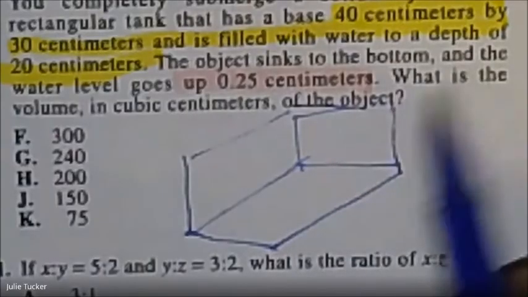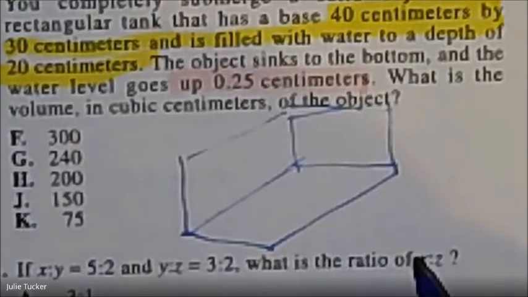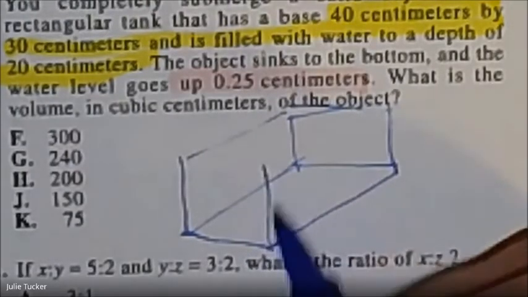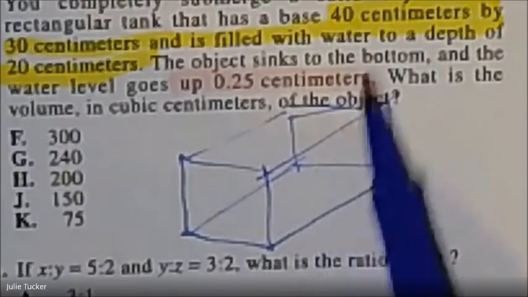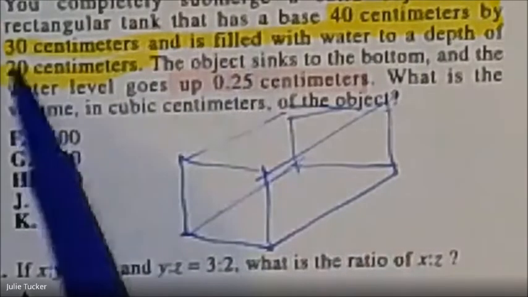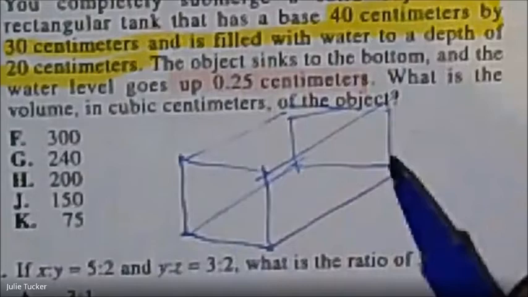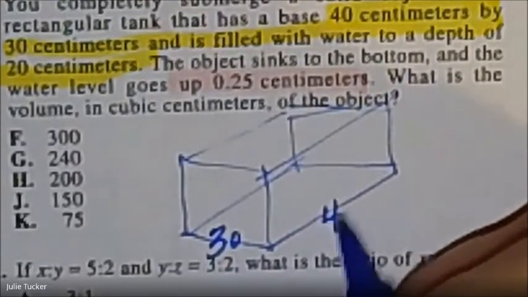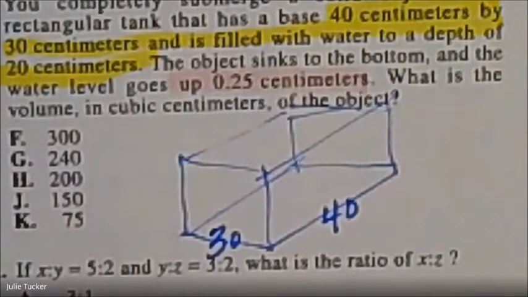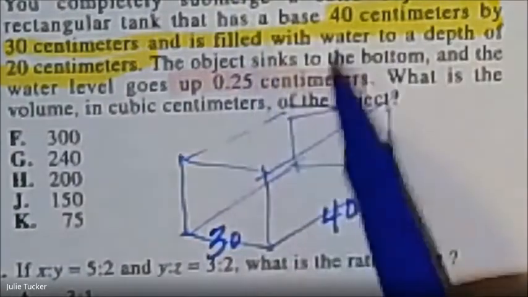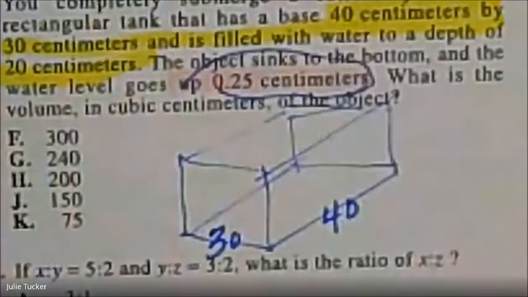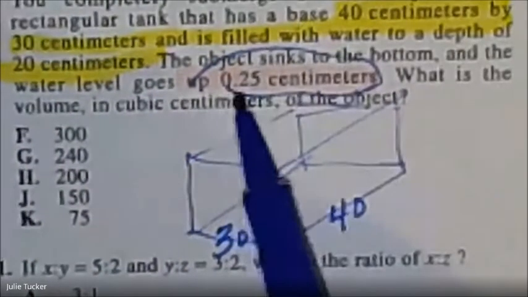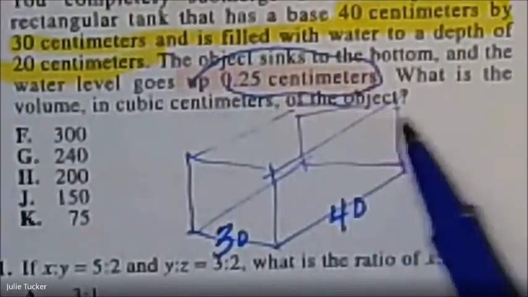Okay, so they're saying that the base is 40 by 30. And then it says that the water is already 20 centimeters deep, but then the amount of water that's displaced is this. So we don't really care how much water was already in it. All we care is how much got displaced, which they told us.